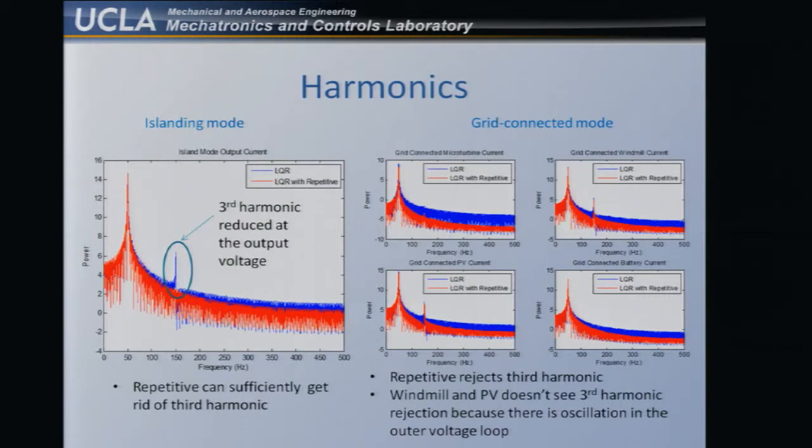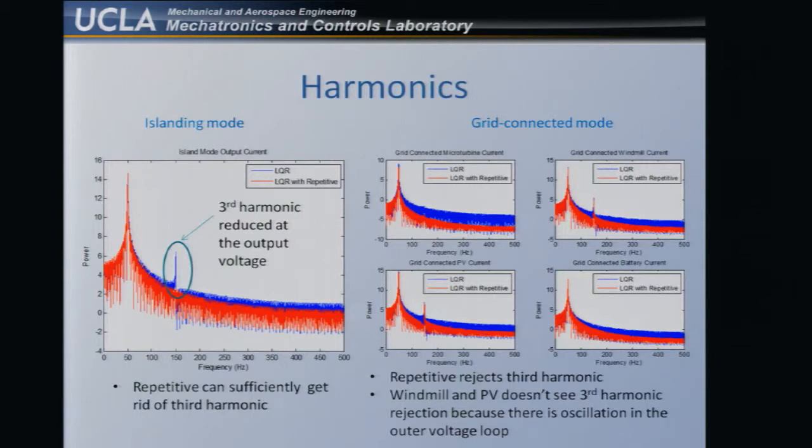For example, in this simulation, the third harmonic component is prominent, and the repetitive control, the red one, does not have that part. This is in the frequency domain, and this is the 4 DR system. Another interesting thing is that in some cases here, the repetitive control was not able to kill that third harmonic.